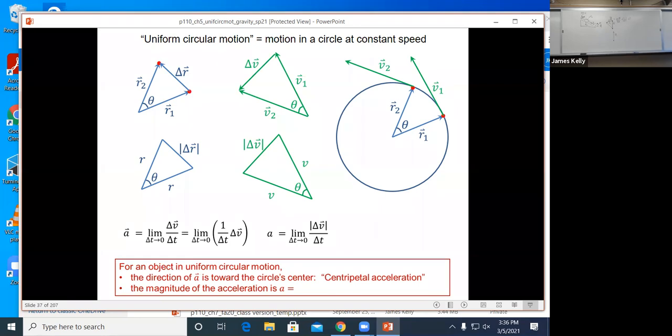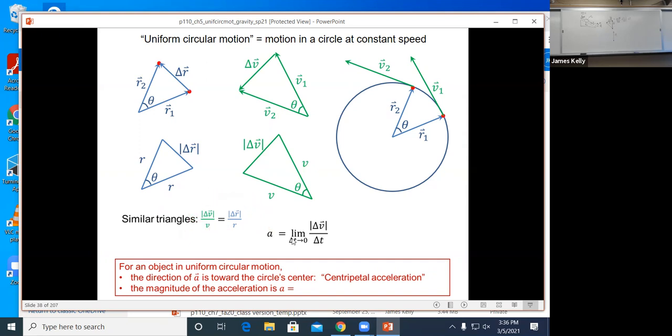It's zoomed out or zoomed in, it's made bigger or smaller, but they could be made to lie right on top of each other. Okay, and one thing that you learned back in your geometry course way back when is that if you have similar triangles, if you take the ratio of two sides in one triangle, that's the same as the ratio of the analogous sides in this other triangle. In other words, if this side is half the length of this, then this side would be half the length of this. That's what this relationship is saying.